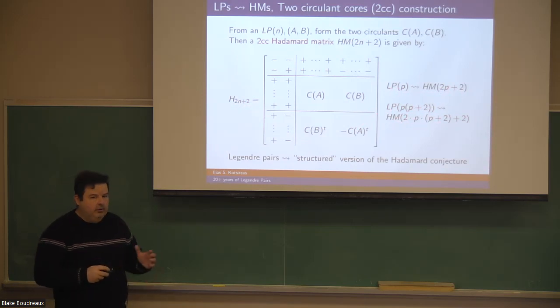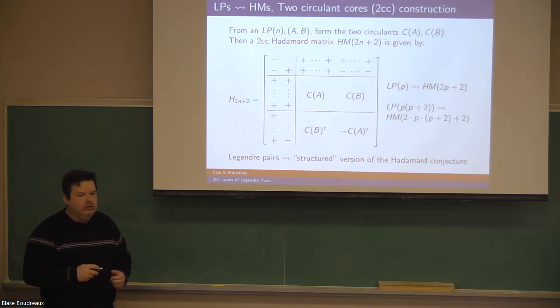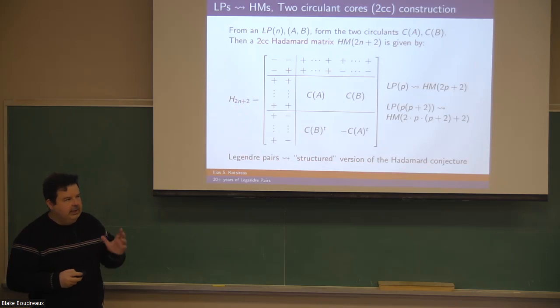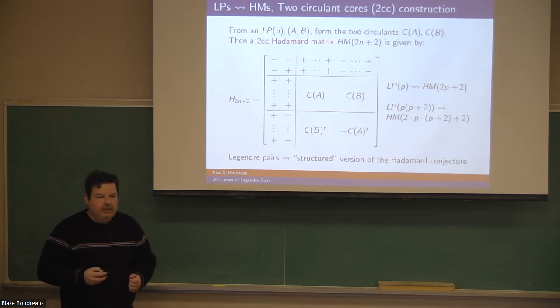And in general, if you had a Legendre pair for every odd n, then you could realize any Hadamard matrix like this one here. So the Legendre pairs, in other words, give you a structured version of the Hadamard conjecture. The Hadamard conjecture is too general. It says there is a Hadamard matrix, period. But it doesn't say what kind of Hadamard matrix it is. There are literally hundreds of constructions for Hadamard matrices, and most of them have some deficiency in that they don't work for certain parameter values.